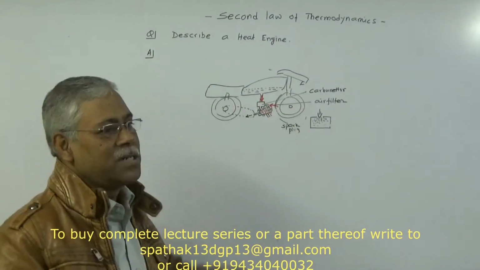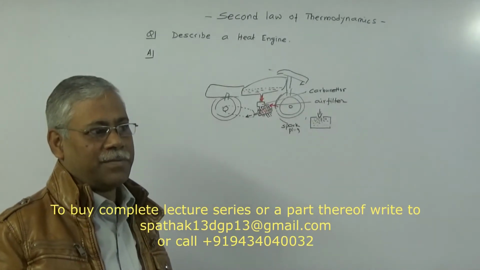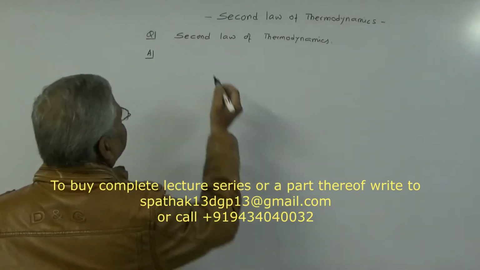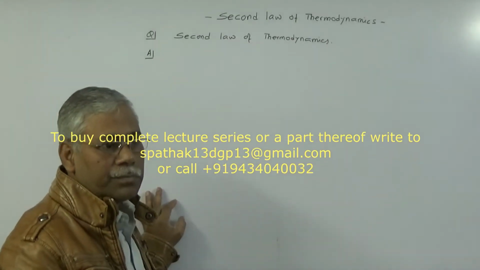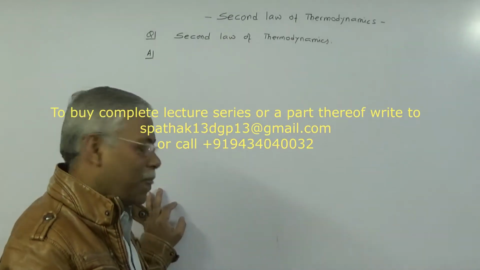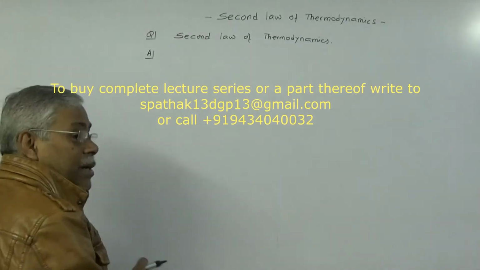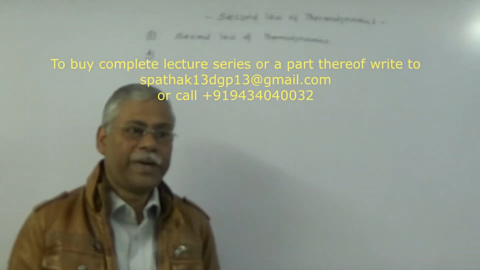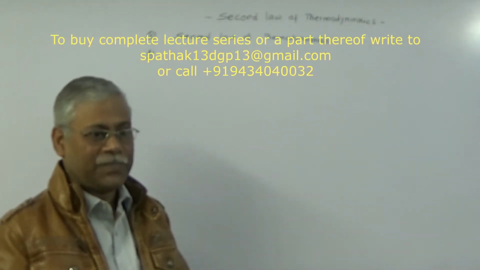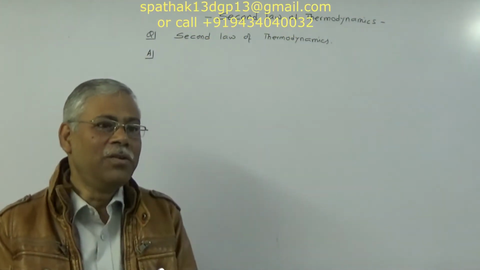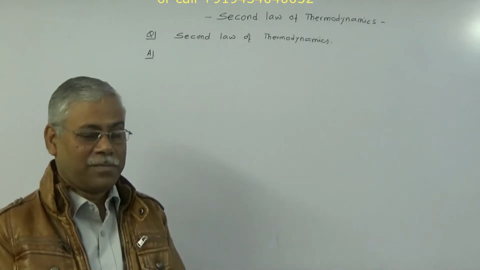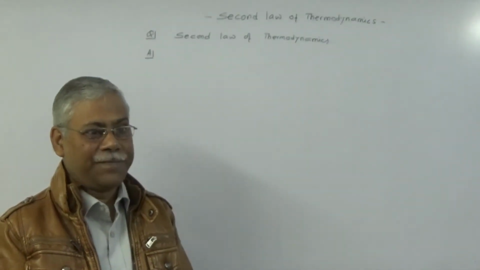With the knowledge of this basic engine, I will now discuss the second law of thermodynamics, compared to the first law. What do you get from the first law, and what will you know from understanding the second law?